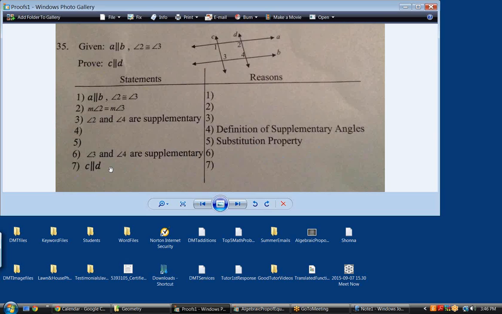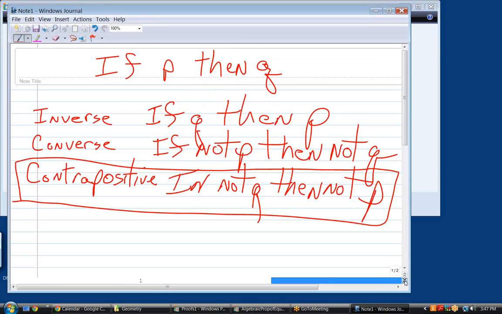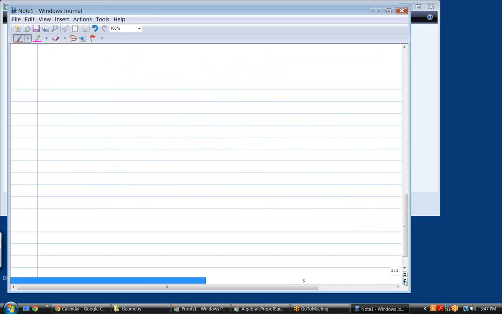Finally, the last statement is the one we're trying to prove, which is that line C is parallel to line D. And the reason is, well, the reason is this.